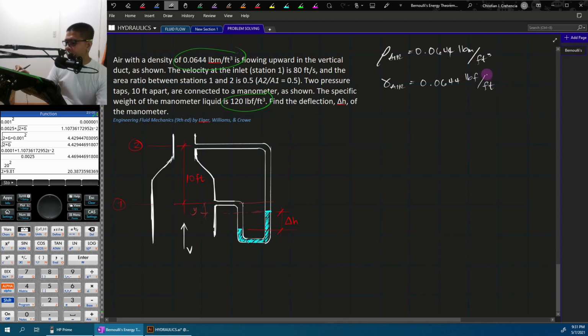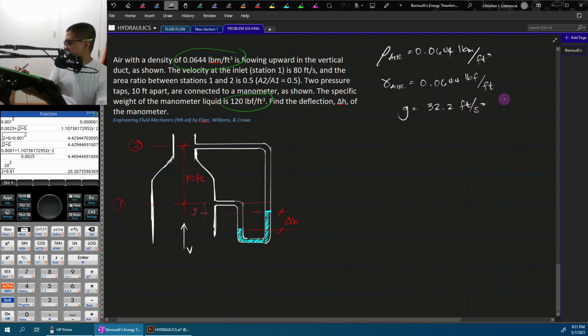So, this holds as long as our gravitational acceleration is at the standard, the g in the English system, which is 32.2 or sometimes 32.17 feet per second squared.